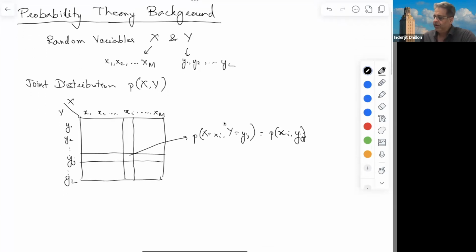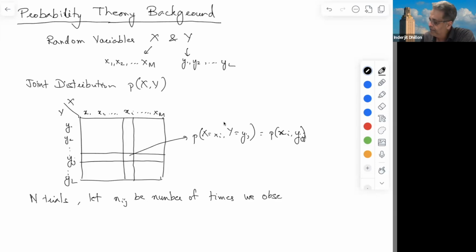Now suppose I am dealing with these random variables that can take these discrete values. I can have n trials, and in the n trials, I can record nij as the number of times we observe that x equal to xi and y equal to yj.